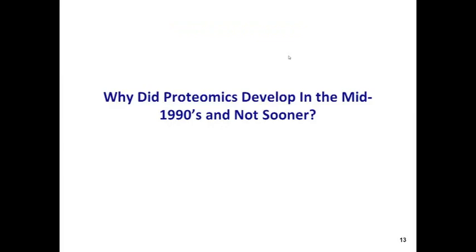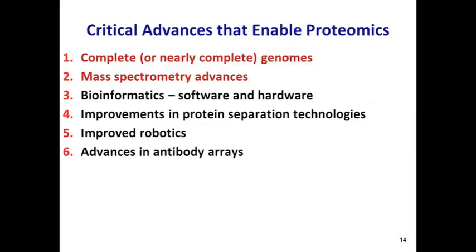One question we might ask is, why did proteomics develop in the mid-1990s and not sooner? There's a number of reasons. The major ones are listed on this slide, and the really essential components are the availability of complete or nearly complete genomes and mass spectrometry advances. The other factors are also important, but it's really these two advances that are absolutely key to the birth of the field of proteomics. As an illustration, in the mid-1980s, I developed a proteomics type question.